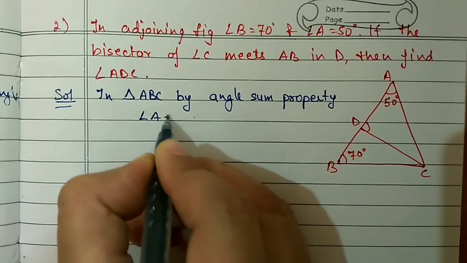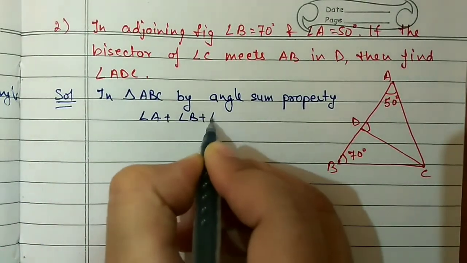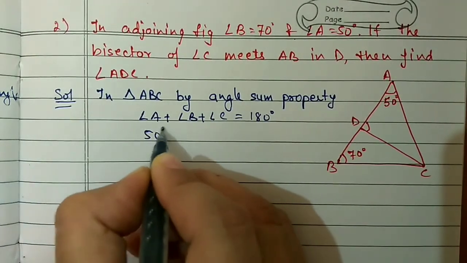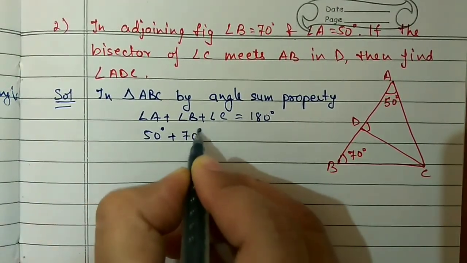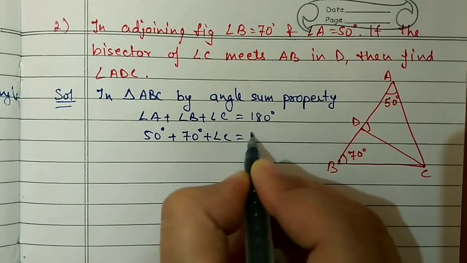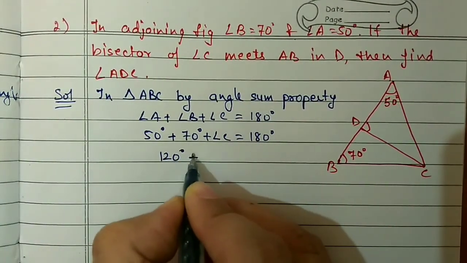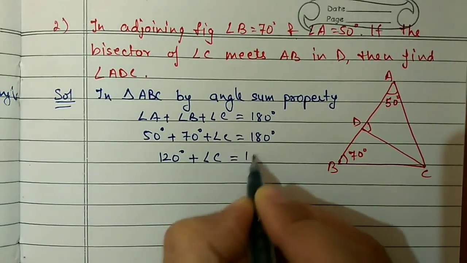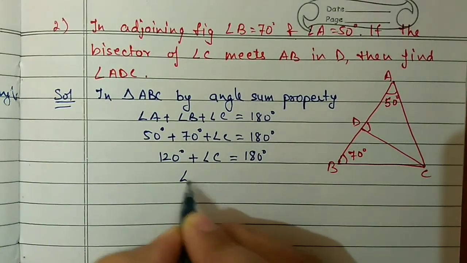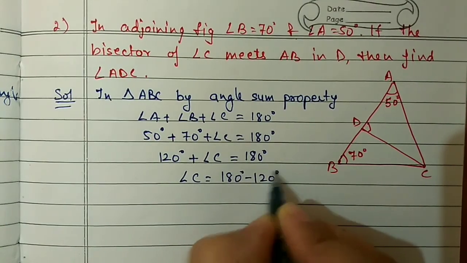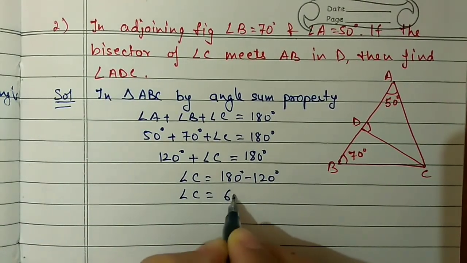Angle A plus angle B plus angle C will be equal to 180 degrees. A is given here as 50 degrees, B is given as 70 and C we have to calculate. So these two after addition you will get 120 degrees. Angle C will be equal to 180 minus 120 equal to 60 degrees.